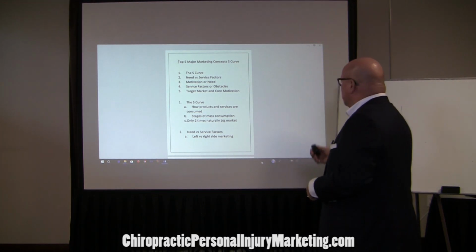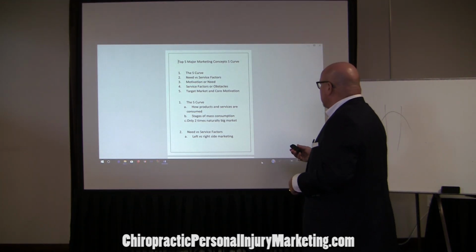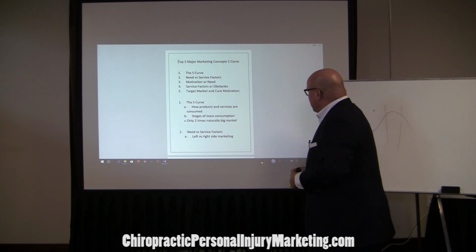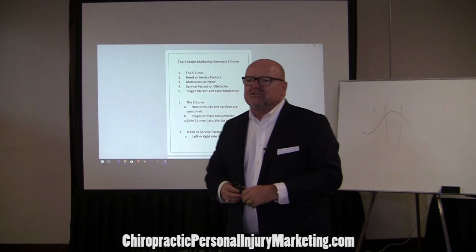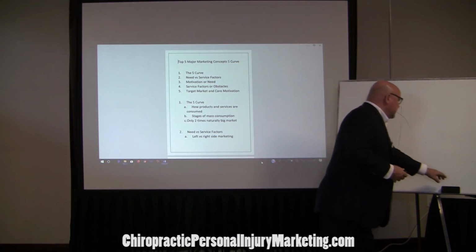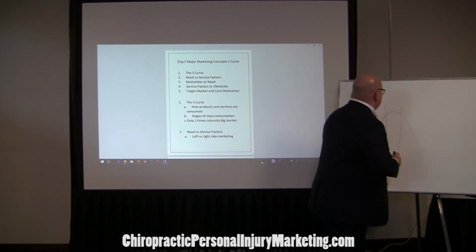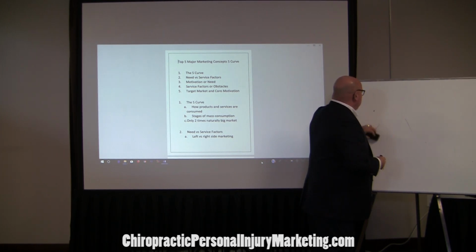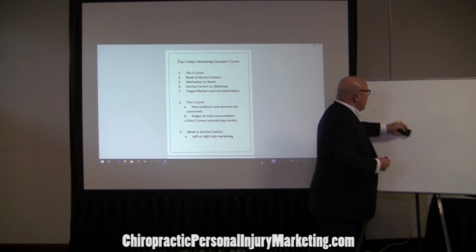Okay, so the S-curve. This is how products and services are consumed, stages of mass consumption. So let me touch base on that just a little bit, and what happens with the S-curve of economics and how markets work. And again, this is the great news about chiropractic, and it's the bad news.